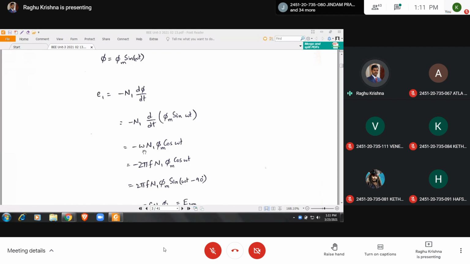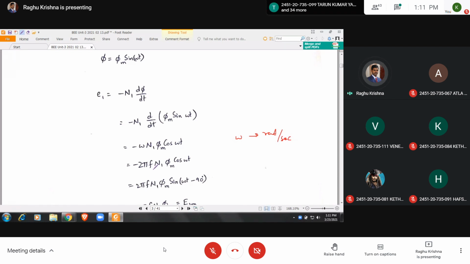Now express omega in terms of frequency: omega equal to 2 pi f. Omega is the angular velocity, so its units are radians per second. What is frequency?